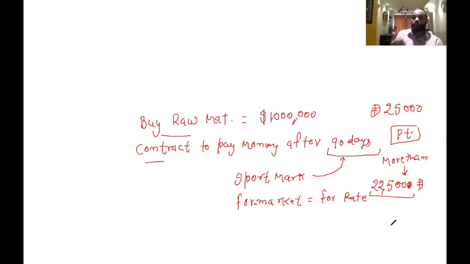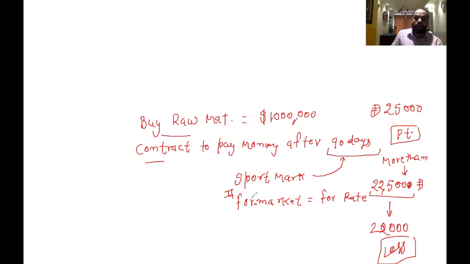So your payments will reduce. As a result, you will have a profit. But if on this day the spot market price is, sorry, 22,000, you are going to have a loss.